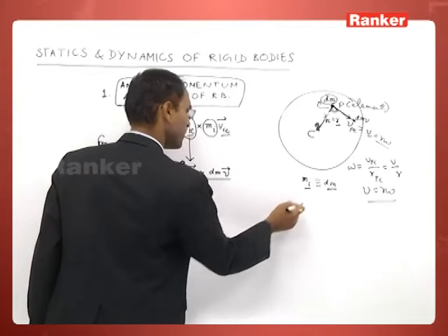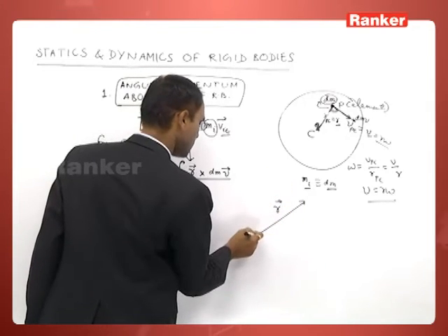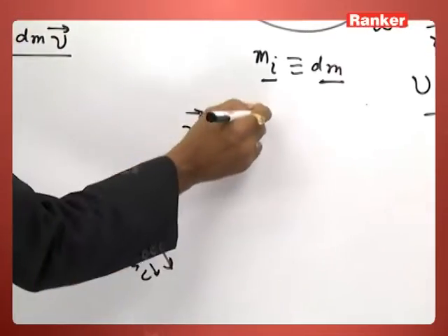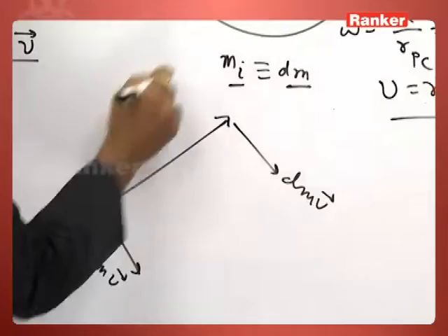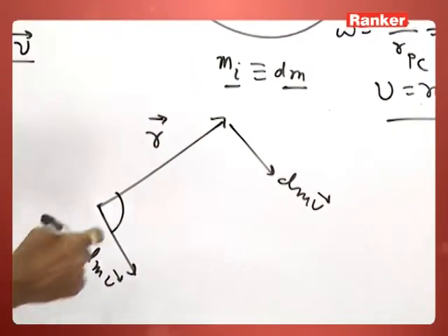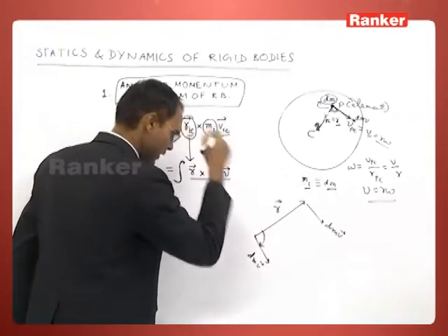r cross dm v vector. Bring the tails of these two vectors r and dm v vector to a point, and r cross dm v vector is pointing in.